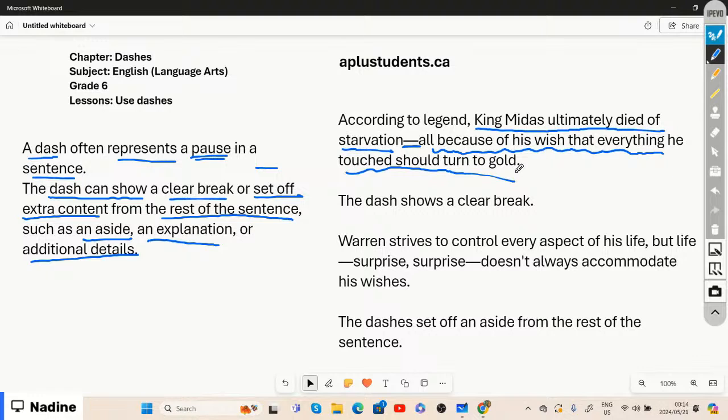He died of starvation all because of the wish that everything he touched should turn to gold. Which means he probably thought that if he were to eat anything, he'd want that to turn to gold. And of course, touching food is probably going to turn it to gold in his mind. So unfortunately, he died of starvation.